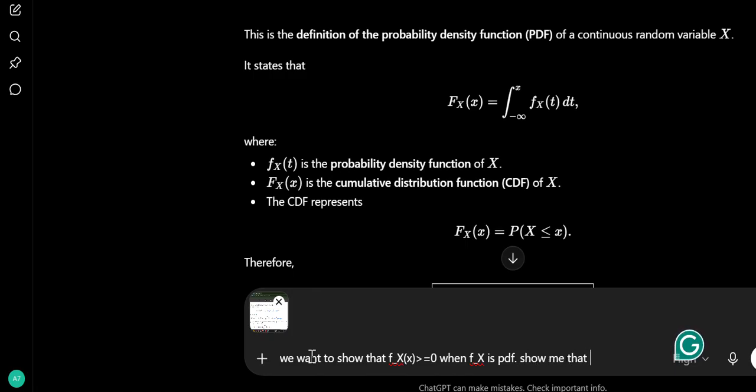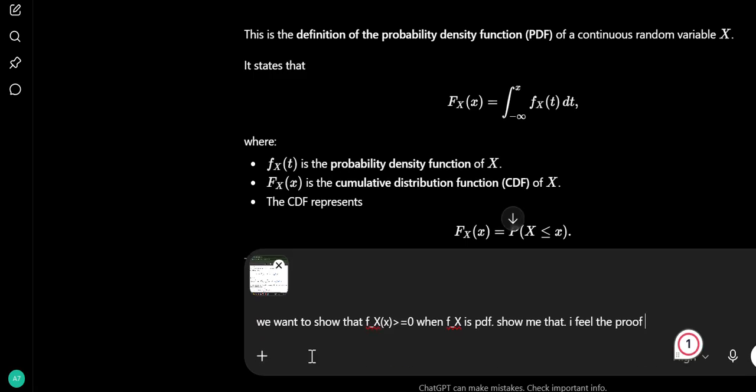Show me that. I feel the proof given here is wrong.